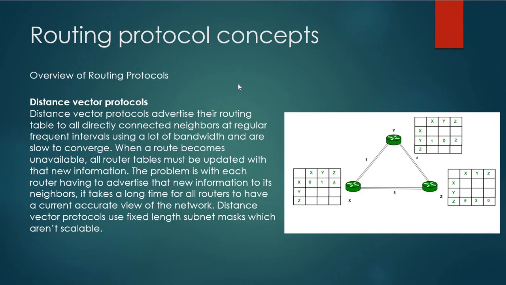Advertise means giving to another adjacent router. Each router advertises its routing table to all directly connected neighbors at regular frequent intervals, using a lot of bandwidth and are slow to converge.